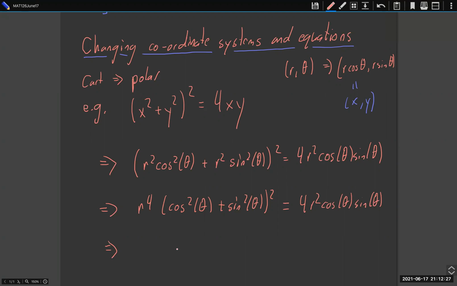One. Yeah. So this is just R to the fourth equals 4 R squared cos theta sine theta. By the way, how can I rewrite cosine theta sine theta? Let's remember, 2 cos theta sine theta equals what?